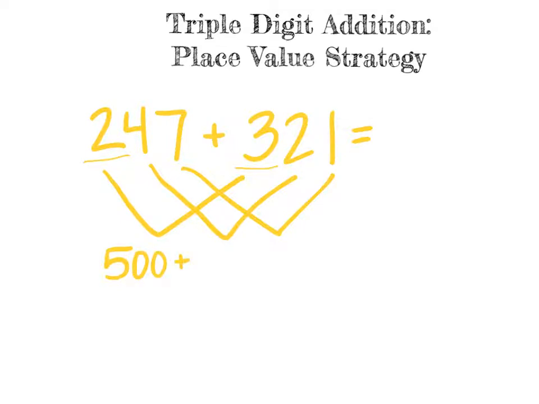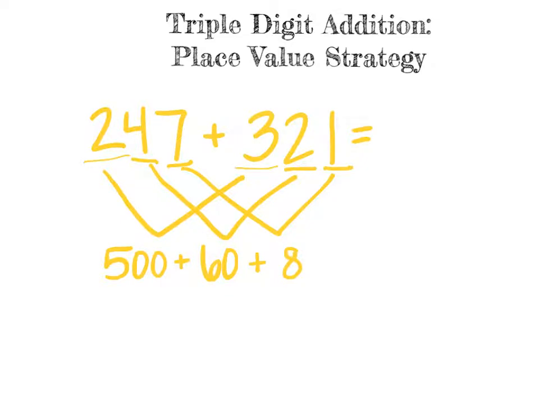Then I need to add the tens, so I have 4 plus 2. Remember, it's not just 4 plus 2, but it's 40 plus 20. And 40 plus 20 equals 60. Then I need to add my ones, so 7 plus 1, and I know that 7 plus 1 equals 8.